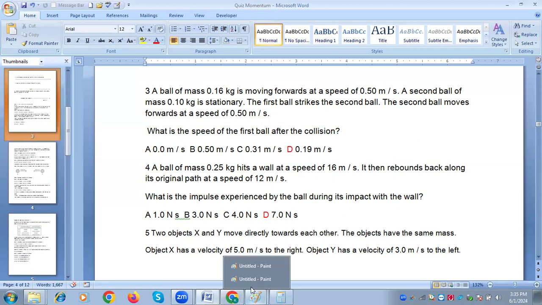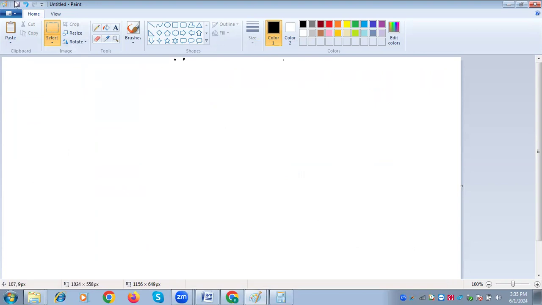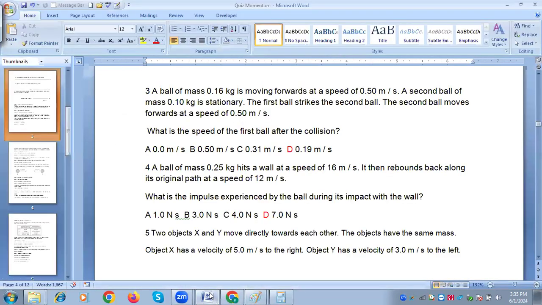Let us see. Okay, so this is the ball. What is the mass and the velocity of the ball? Mass is 0.16 kg and the velocity is 0.5 meter per second. The second ball, which was stationary in the beginning, also moves off with the same velocity after the collision.